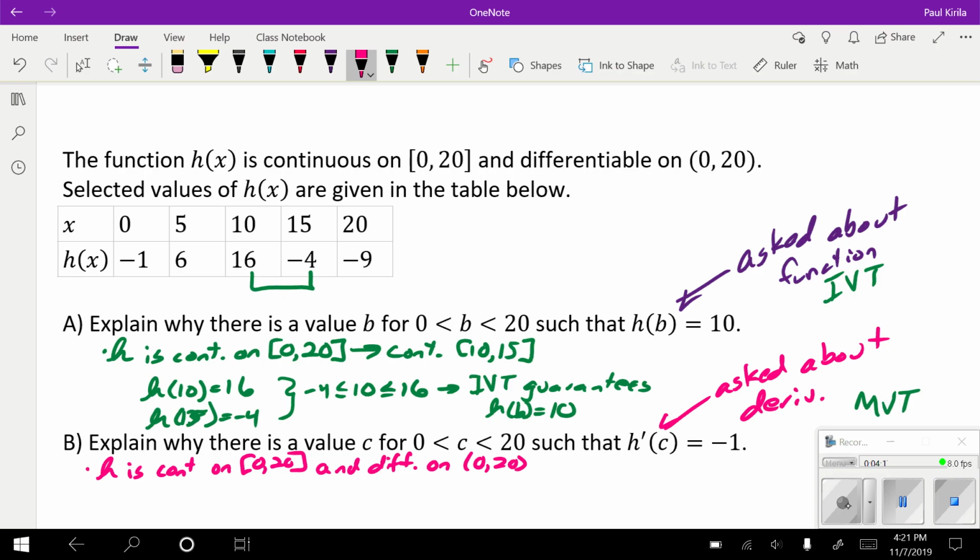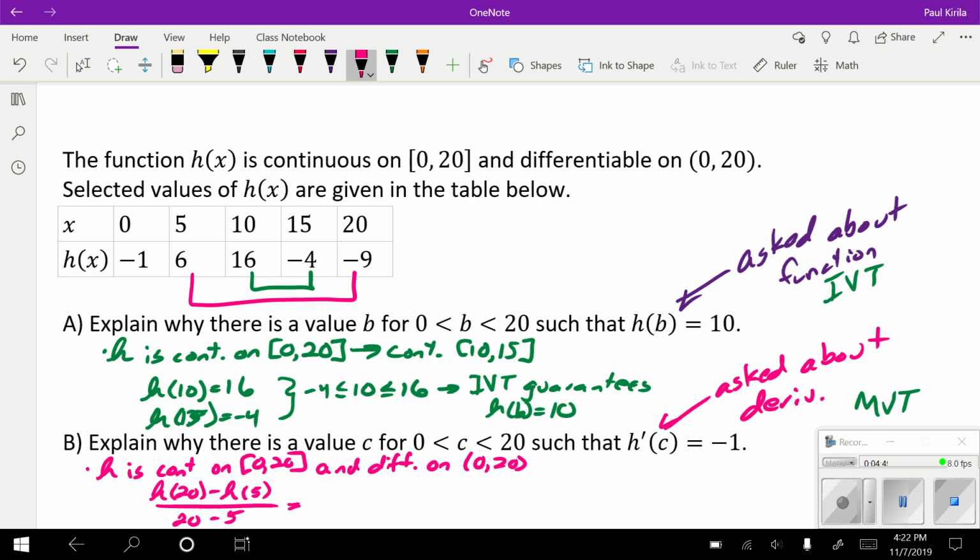If I go from 5 to 20, that gives me a slope of -15 over 15. Well, that's -1. So what I look at here is h of 20 minus h of 5 over 20 minus 5. And remember, I have to show the subtraction to communicate that I'm finding a slope of a secant here.